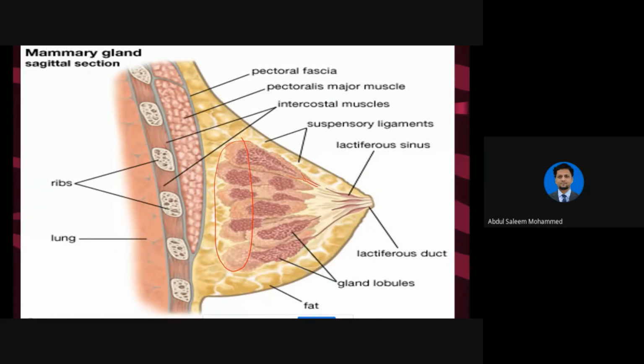These mammary ducts further give rise to swellings. They swell to form the ampullae, and after swelling, these ampullae again become very thin, and they are referred to as the lactiferous ducts. And these lactiferous ducts open outside the body at the tips. Okay, so that's about the mammary glands.